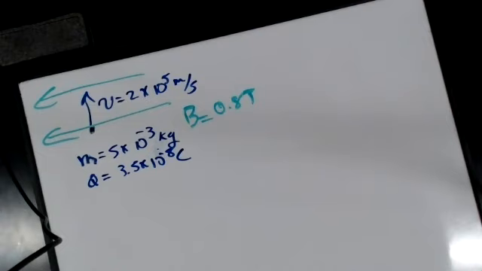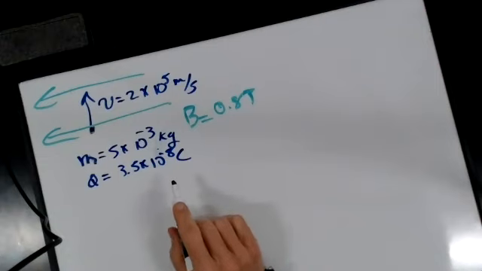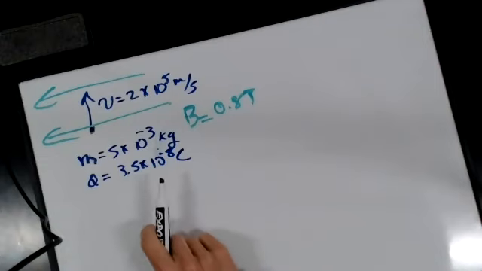And so the first thing it says is, what are the magnitude and direction of the magnetic force on the particle? Does anybody know how we get the direction of the force on this particle?